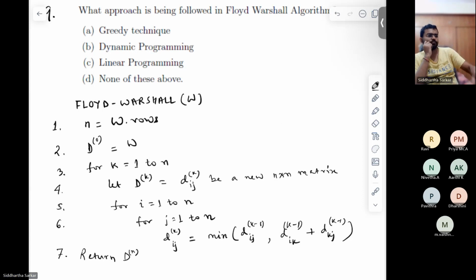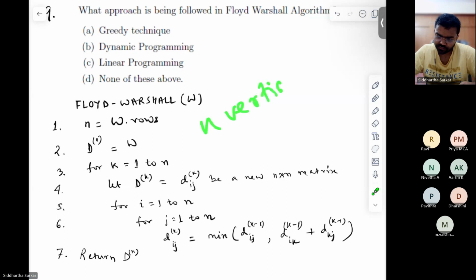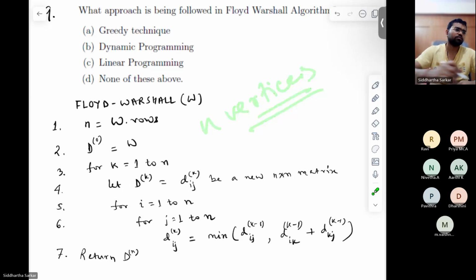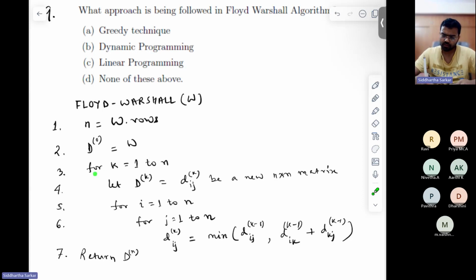So what we can see here is what we're doing. n is the number of vertices in the graph. Run this loop from 1 to n.